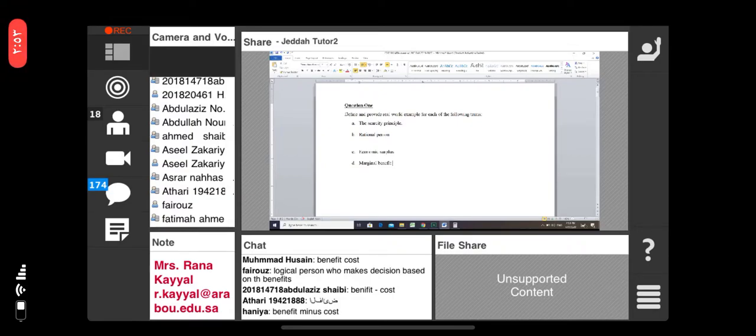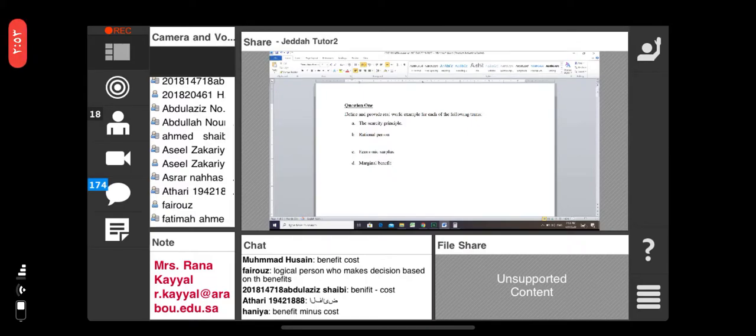Marginal benefit equals what? صبايا يا شباب, ايش يعني marginal benefit? How do we calculate it? If you don't know the definition, just tell me how we calculate the marginal benefit. كل شيء marginal, the same concept.